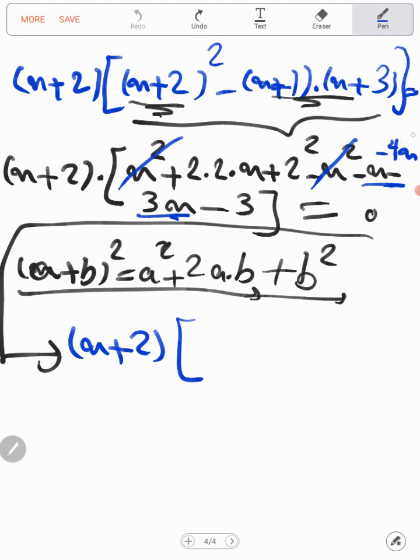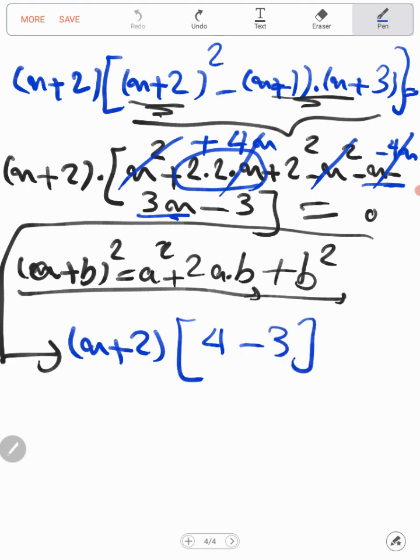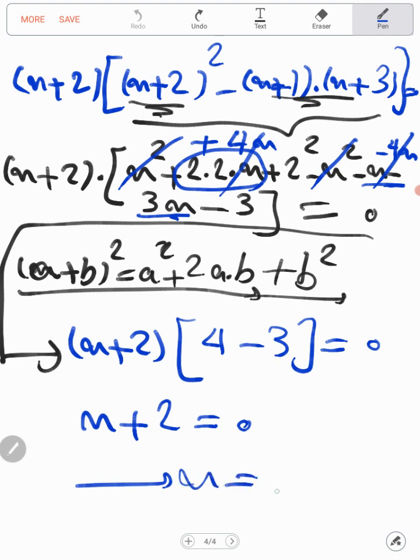Minus 4x cancels out with this, and we can have just 4 minus 3 is equal to 0, and then we can have parentheses x plus 2 is equal to 0, and then x is equal to minus 2. X is equal to minus 2 is an answer for this equation.